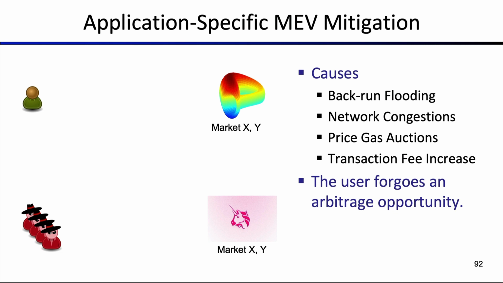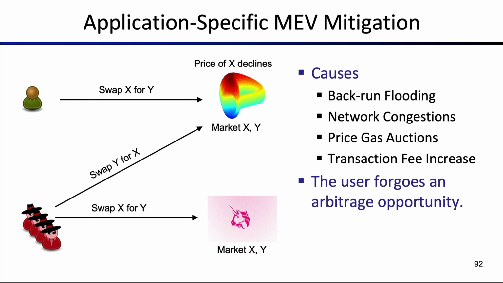I would like to show you this particular example where we have two markets of the same coin pair X and Y. If a trader swaps X for Y on one market, naturally the price of X declines on that market because we're selling X. Now multiple adversaries observe this transaction, probably already on the network layer, and they anticipate arbitraging out this market change, because the other market obviously needs to be synchronized after the user has performed a swap on that market.